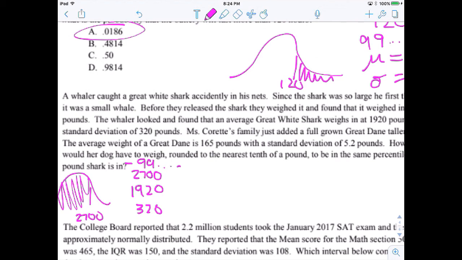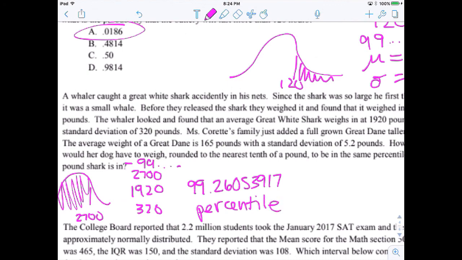Distributions, normal distributions. I'm going to put in my negative infinity-ish thing, and then 2700, and then 1920, and then 320. And so that shark is in the 99.26053917 percentile.